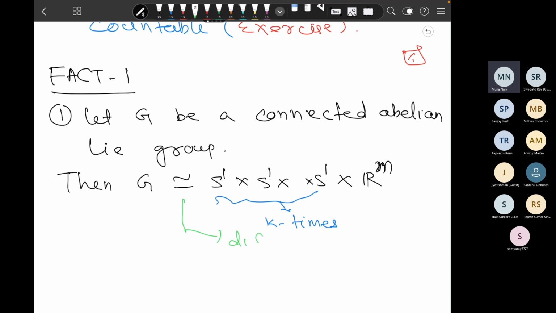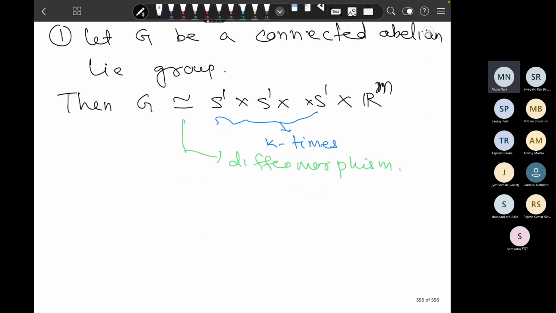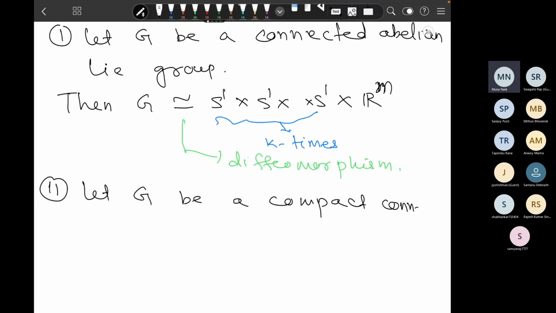The second thing: let G be a compact connected abelian Lie group.